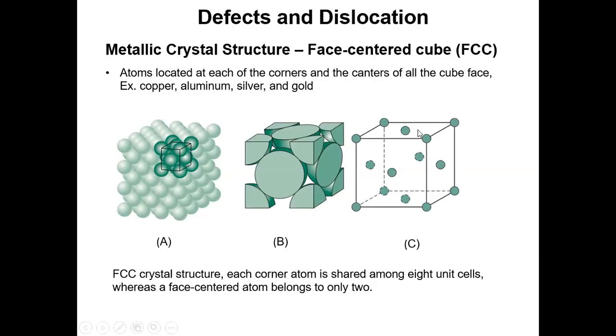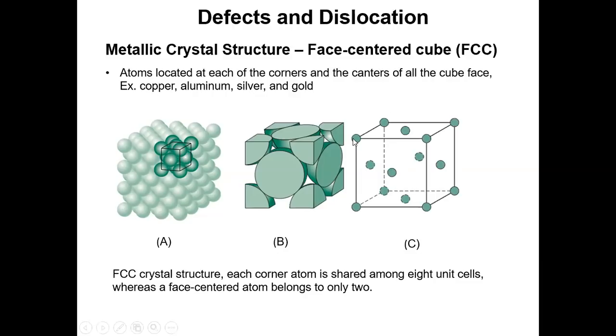This is the expanded view of this unit cell for you to understand clearly. Here you see at the corners of the cube there are atoms, and this is one face of the cube. How many faces does a cube have? A cube has 6 faces.